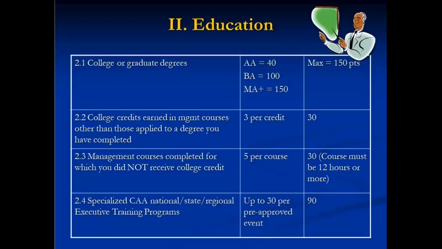It might be some kind of course that was offered by an entity in your state government, federal government, or by a program that serves the needs of the nonprofit community, or a for-profit company, whatever it is. That course, though, take a look at the qualifications that are required. The course must be 12 hours or more. If it's less than 12 hours, don't put it here. Put it elsewhere. We'll see options as we go down into our next slide.